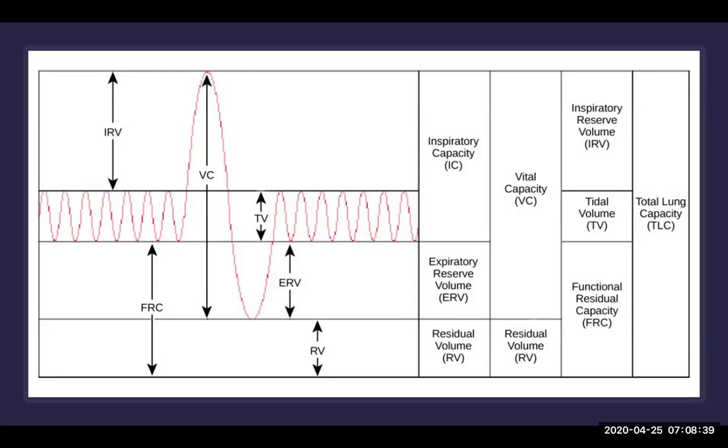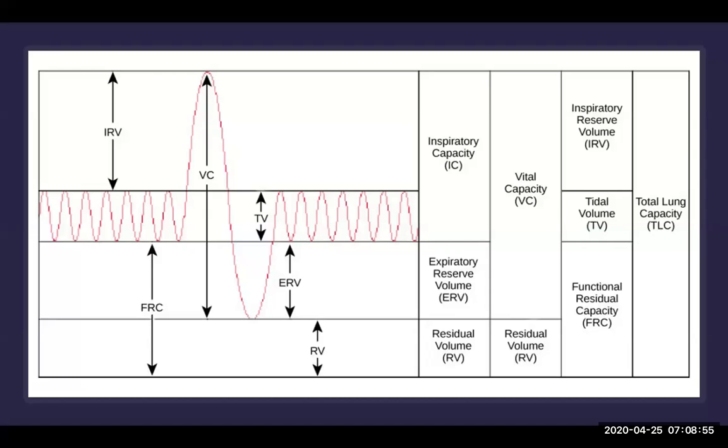But again, this is just a graph showing basically normal breathing, ventilation, and how much air is going into and out of your lungs. This is important to measure things like obstructive and restrictive disorders in people.